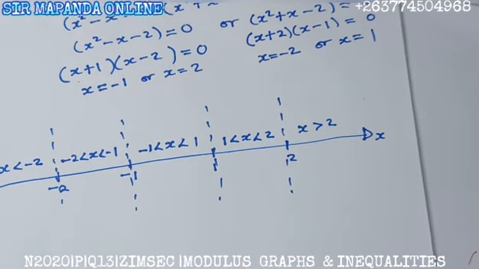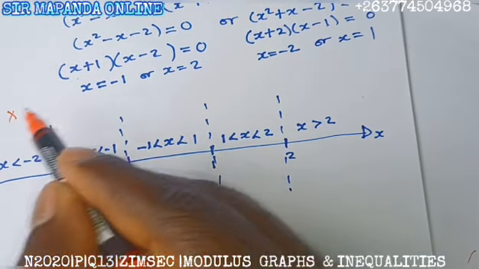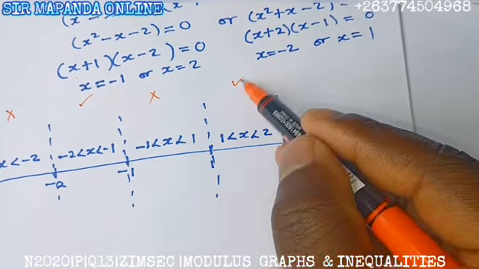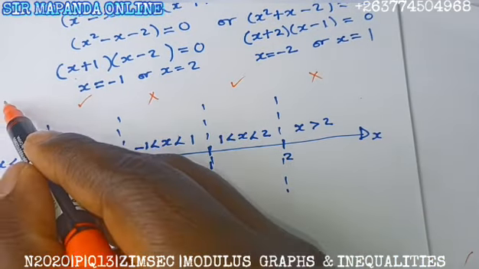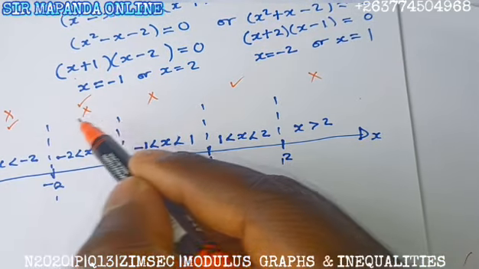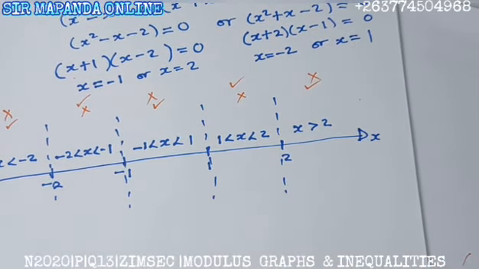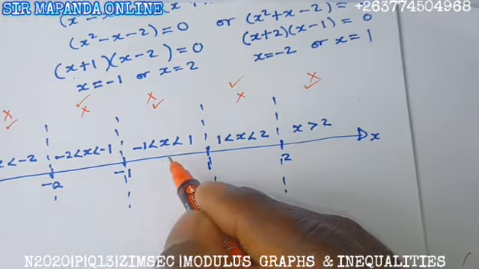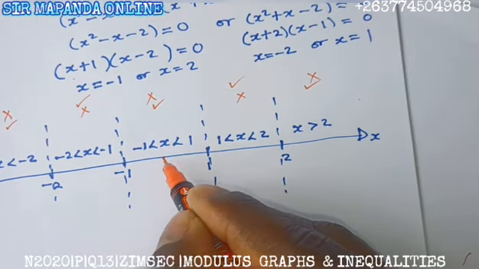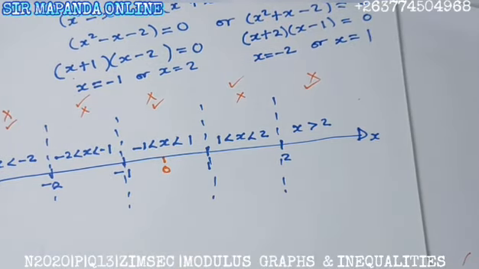So we just need to choose one region. Like what I told you, the pattern is either star, mark, star, mark, star, mark, or mark, star, mark, star, mark. So it means we just need to test one, and the one is going to give us the reaction of other regions. So let me choose a region with the 0 here. There is 0 between minus 1 and 1. So we need to check whether the region is true or false.